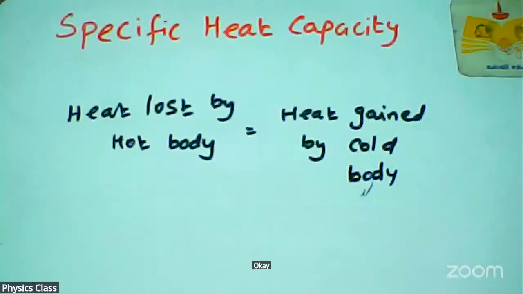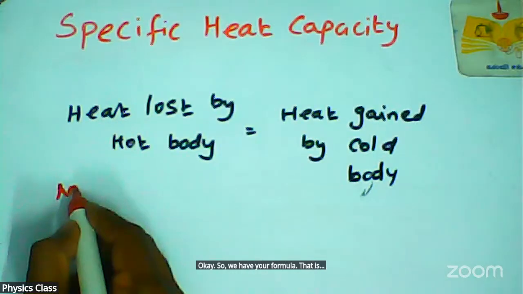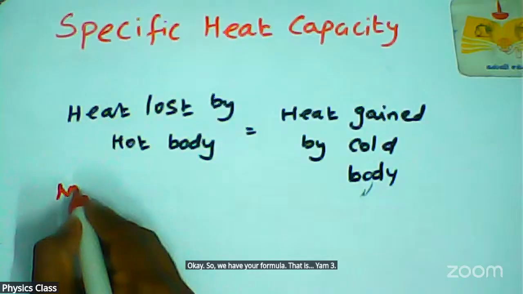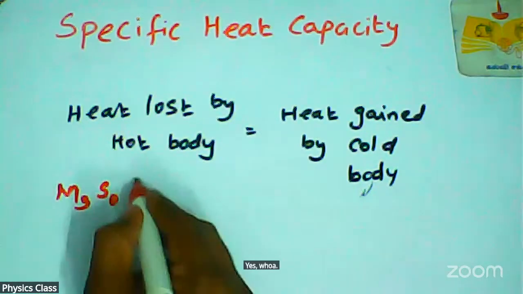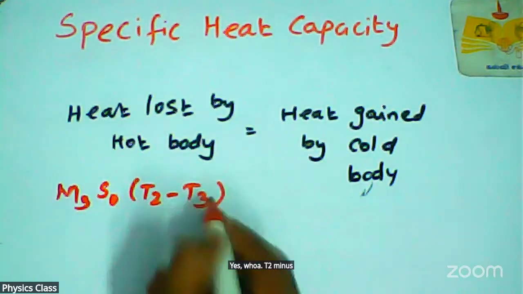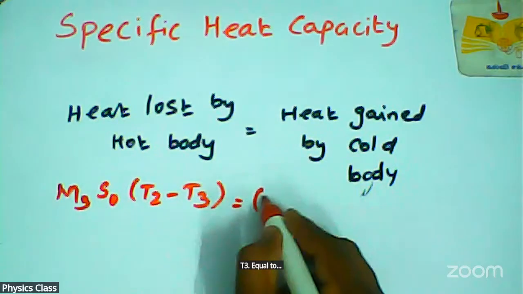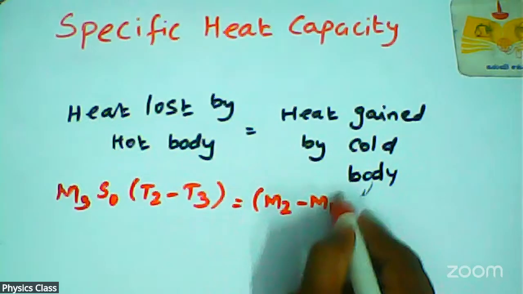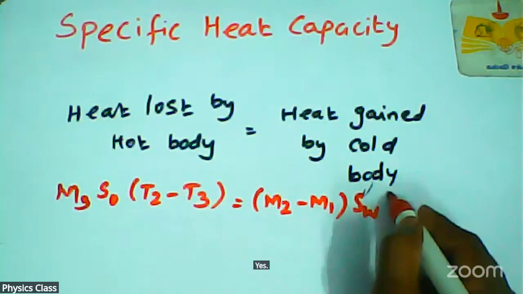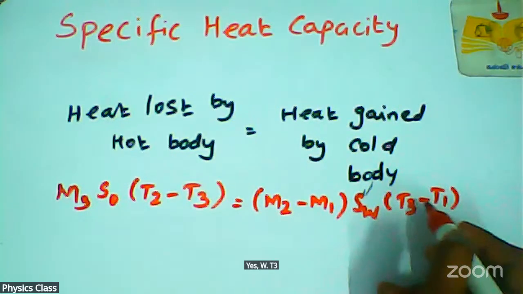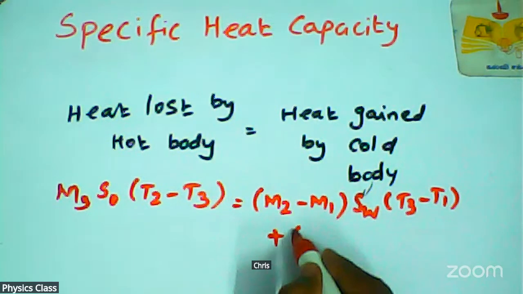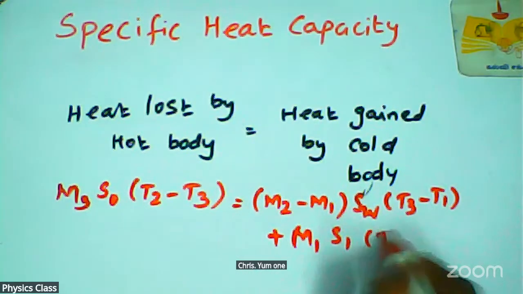So we have a formula: M3 SO (T2 minus T3) equals (M2 minus M1) SW (T3 minus T1) plus M1 S1 (T3 minus T1).